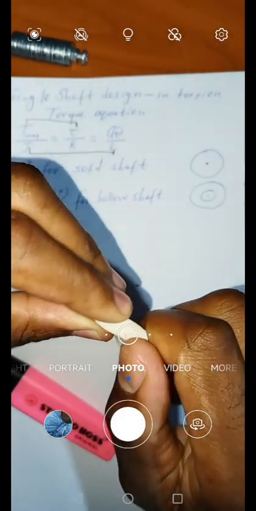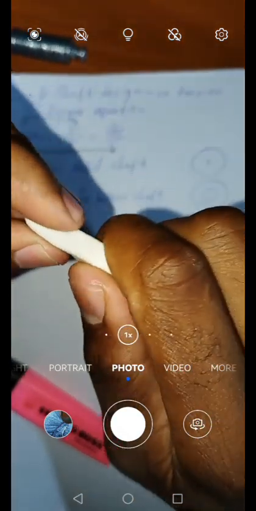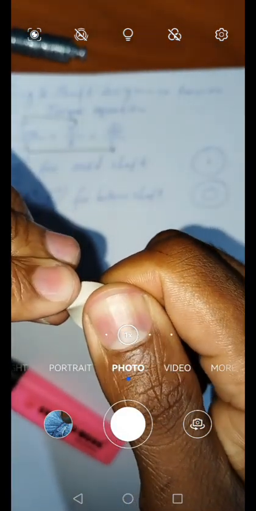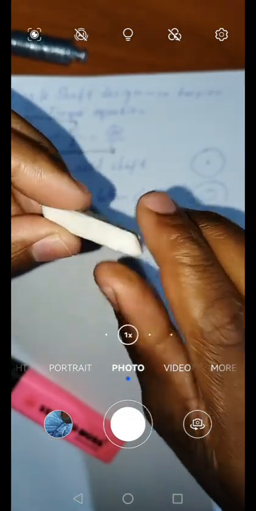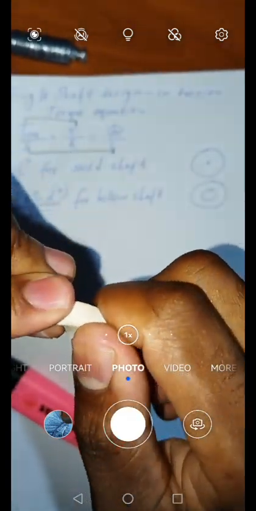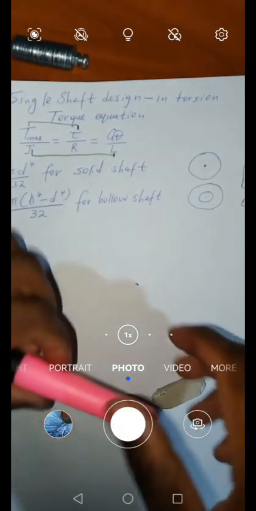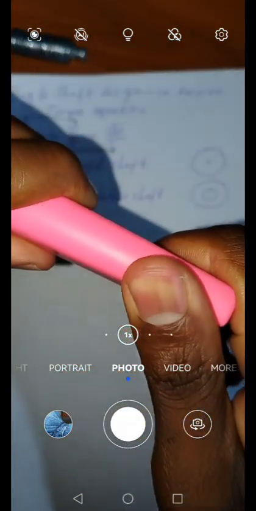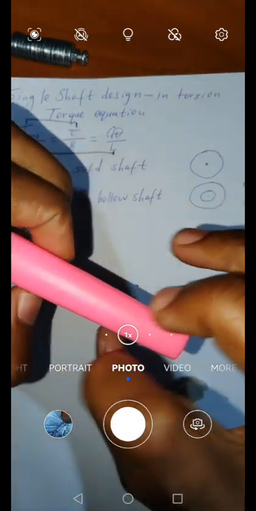So if I twist this thing like this, it is undergoing a deformation, or change in shape. That change in shape is happening because of the resistance of this material, which is small. If the resistance of the material is high, when you twist it like this, it is not going to undergo a deformation.